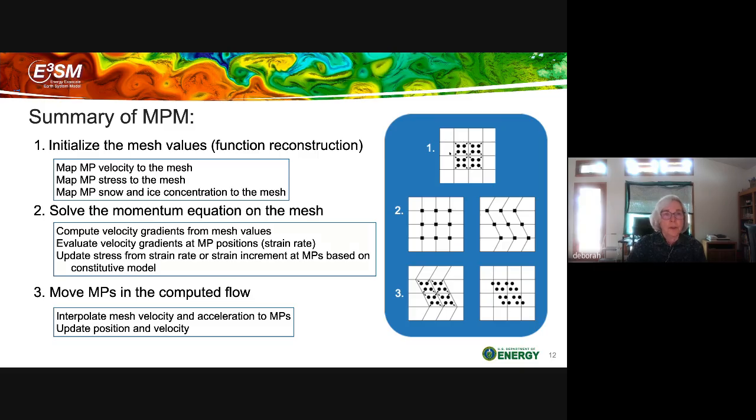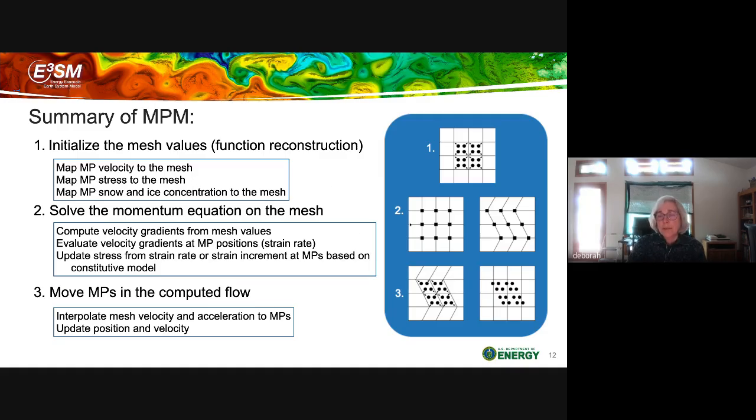So in the first step, we're going to map, say, velocity to the mesh, stress to the mesh, snow and ice concentration. So in other words, whatever variables we have on the material points that we need for the momentum solver, we put them on the mesh where we need them.